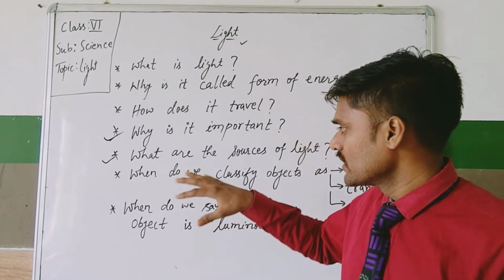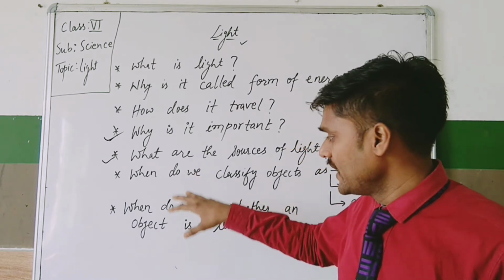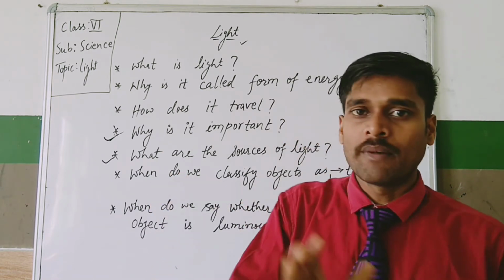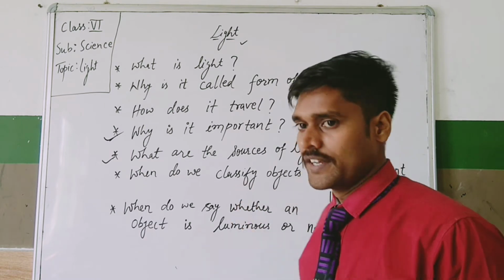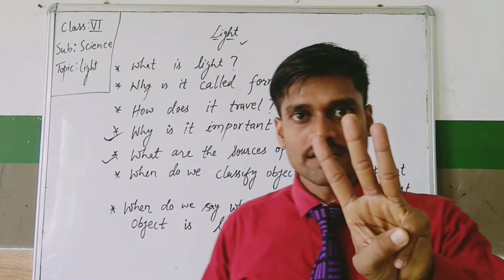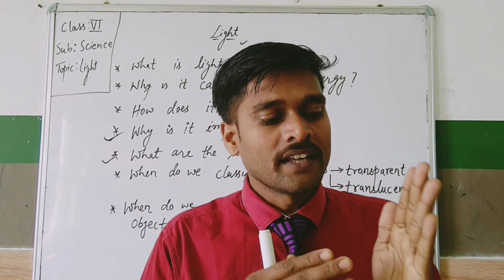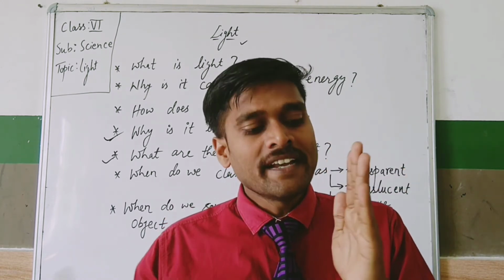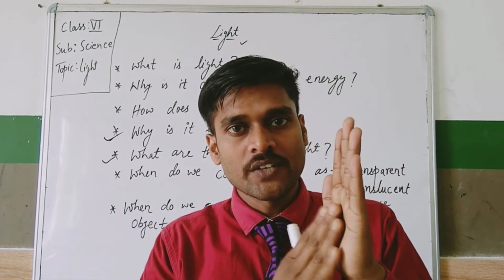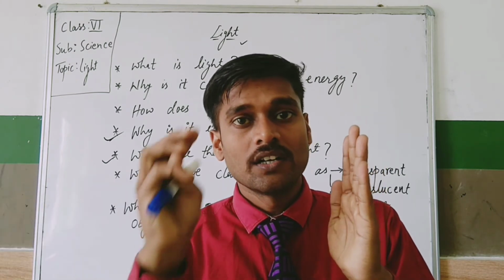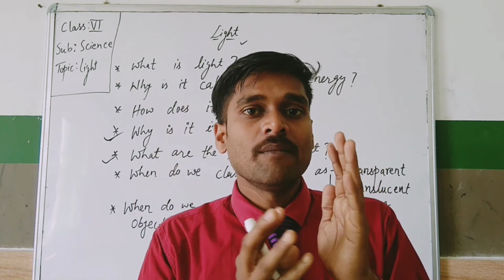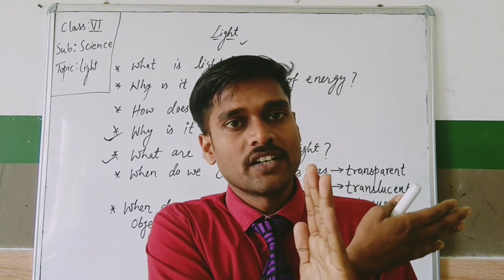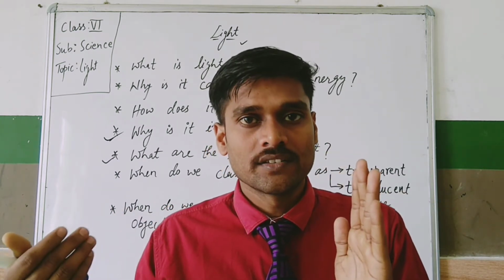It can be absorbed, or it can be reflected back, or it can pass through it. Three conditions can be there. Either light can pass through it, or light can be reflected from the surface, or the third one is light can be absorbed, meaning light is neither passing through the object nor reflected.